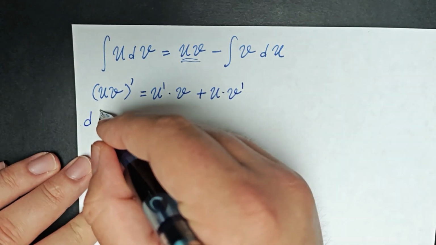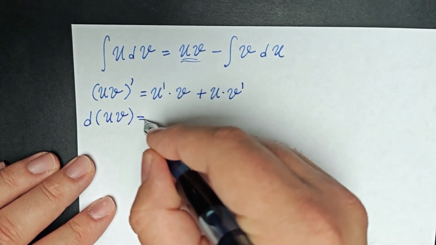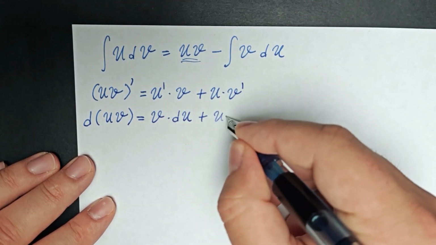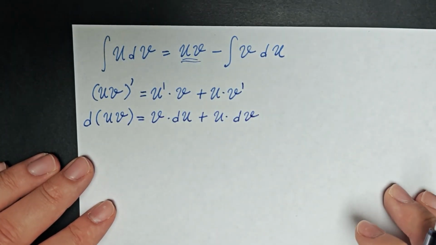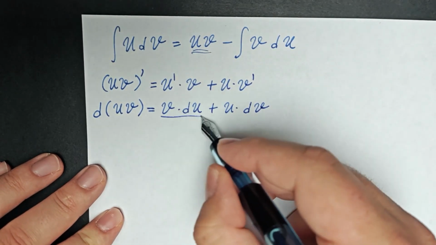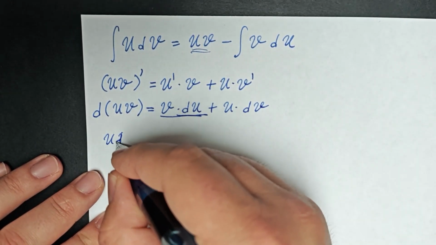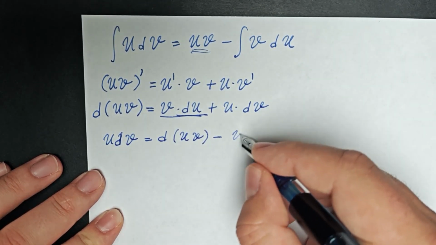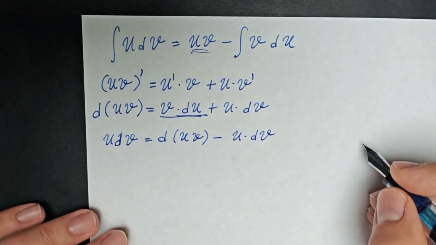When we take a differential of u multiplied by v, we get v multiplied by du plus u multiplied by dv. This u dv is then equal to differential of uv minus v du.